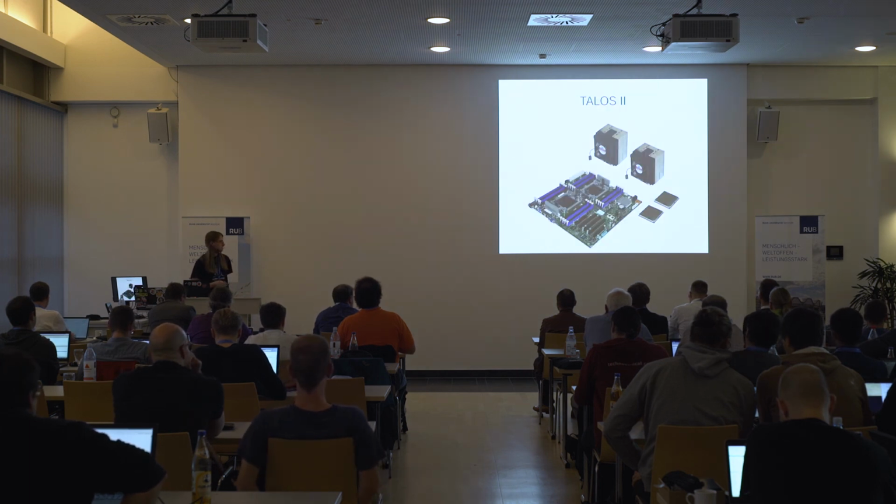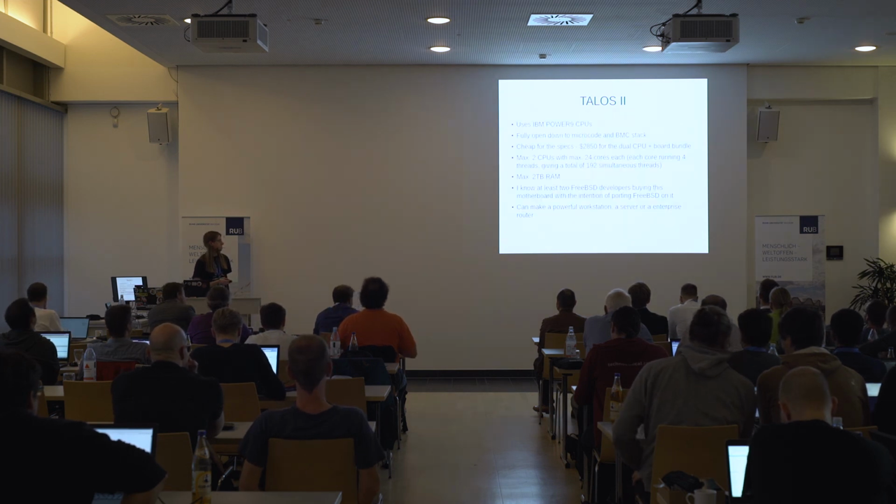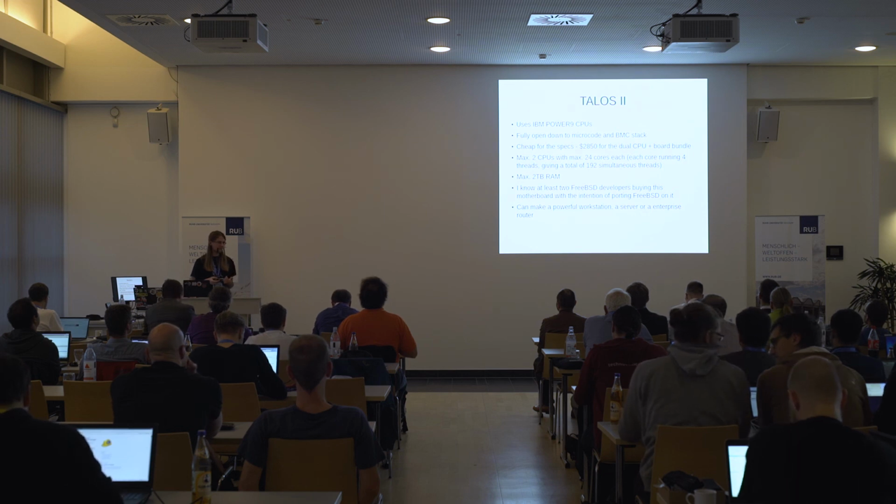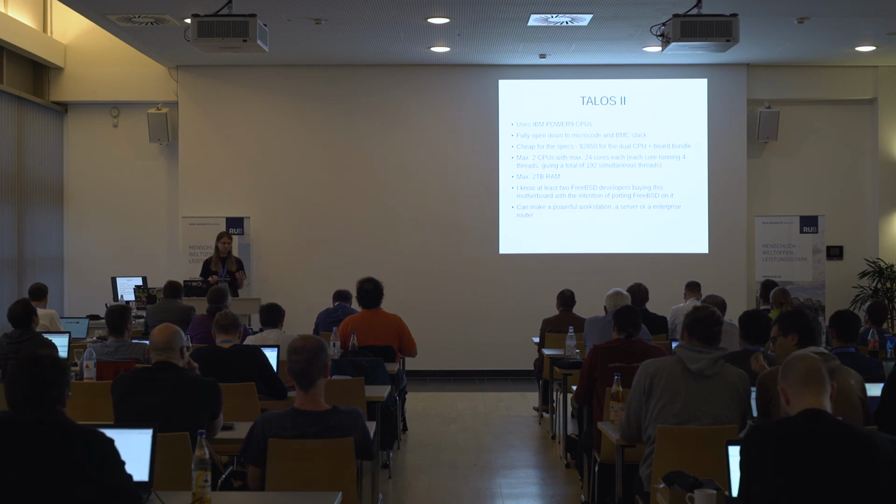I like Talos 2 by Raptor. It's actually pre-order right now, but it will come out this year. It uses two Max 2 IBM Power 9 CPUs. It's actually quite powerful, even by today's standards, a server or desktop system, workstation.